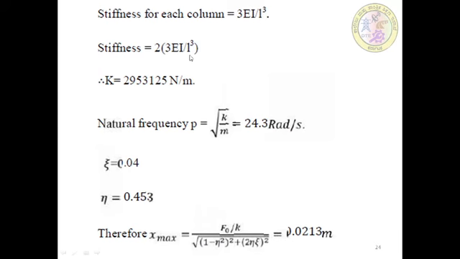L is known as 4 meters, and E and I are also given, so that the stiffness K is equal to 3EI by L cubed, which is calculated as 2953125 Newton per meter.